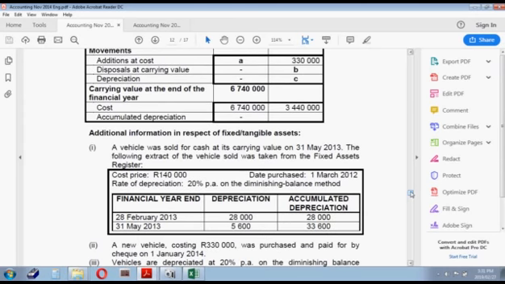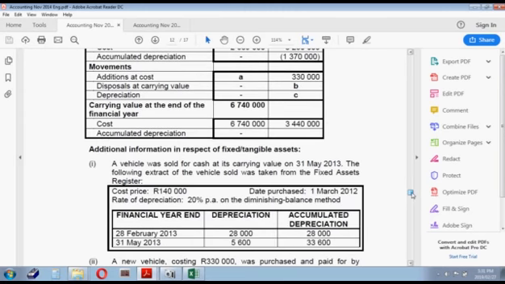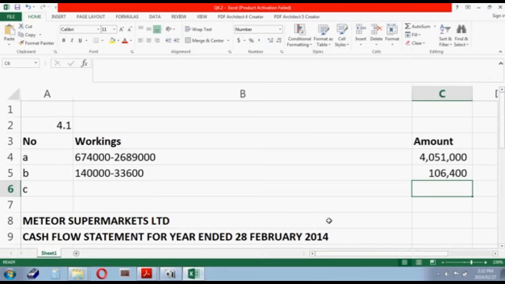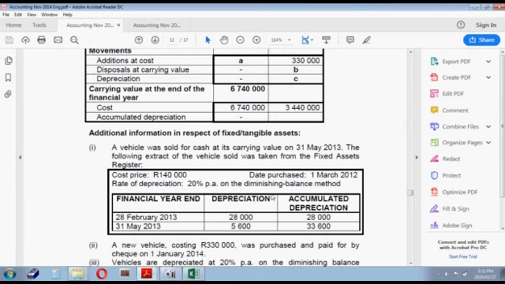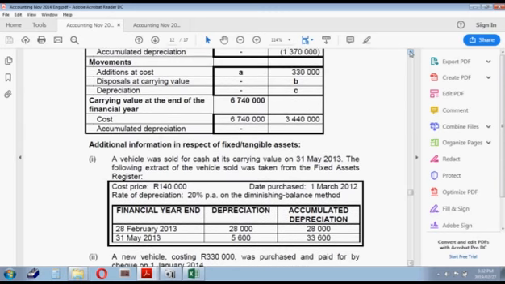For number C, we need to calculate the depreciation for the year on vehicles. Now, we already know we have written down 5,600 depreciation on the vehicle that we disposed of. So we have 5,600 rand on that vehicle. Now we also have to focus on the vehicles that we kept for the whole year and did not dispose of.